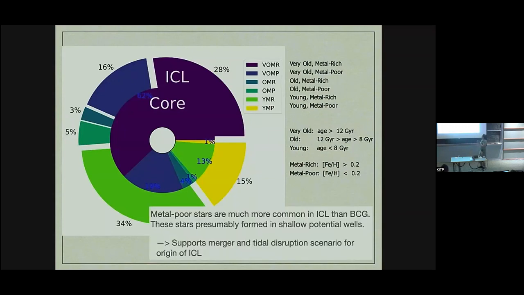So metal-poor stars are much more common in the intracluster light than they are in the brightest cluster galaxy. And these stars presumably formed in shallower potential wells because we see this decline in metallicity. So this supports both the major merger formation scenario and tidal disruption, so L-star galaxies, scenarios for the origin of the ICL.